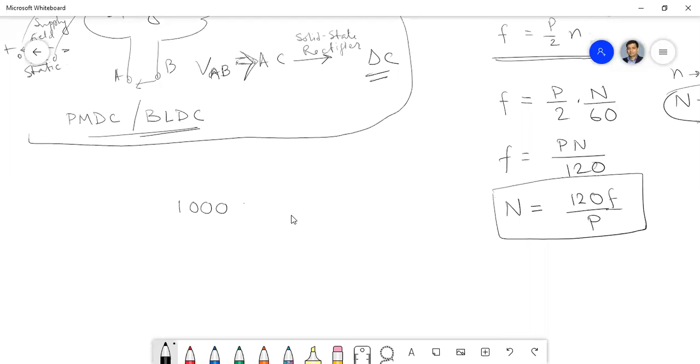So at what frequency will the armature core of the DC machine experience the magnetic reversal? What will be the magnetic reversal frequency?